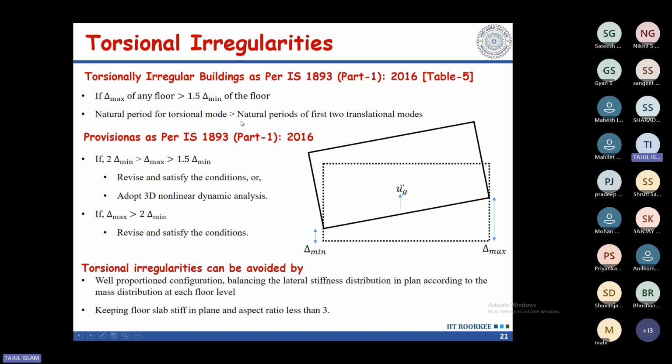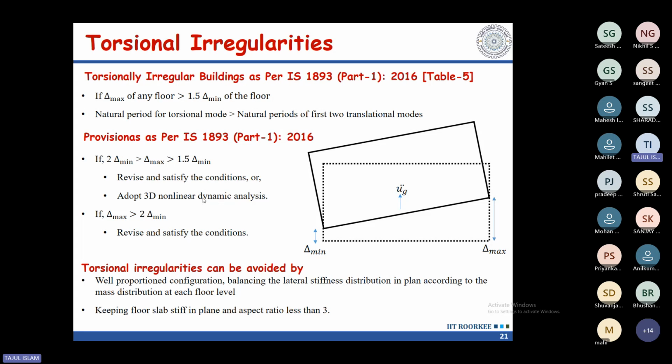So if these are the conditions, then what code says you should do. If suppose you have 2 times delta mean, means twice of this deformation is more than this, but this deformation is more than 1.5 times this. So if the range is within this limit, then you have to revise and satisfy the condition, or you have to go for 3D nonlinear dynamic analysis.